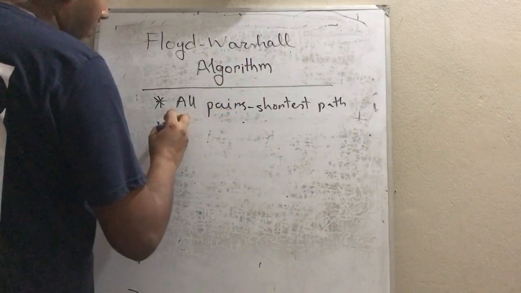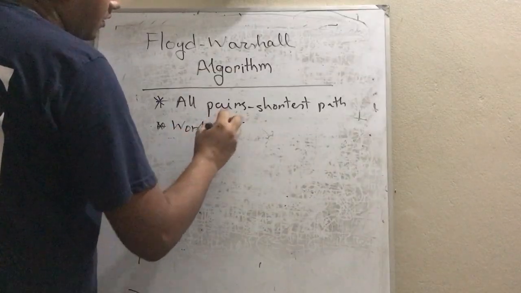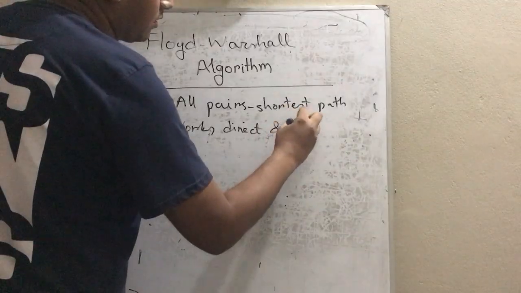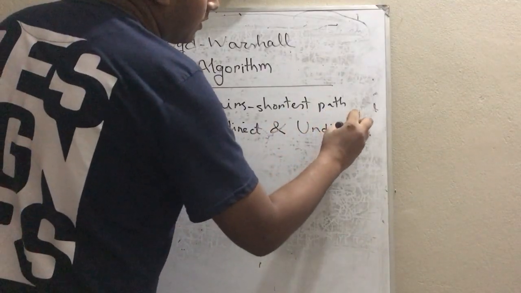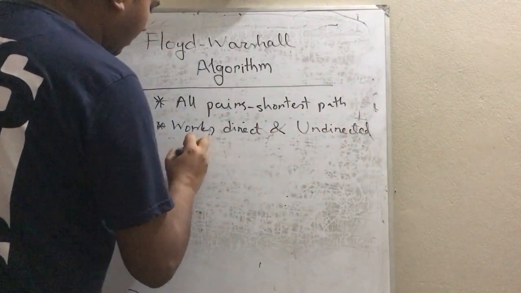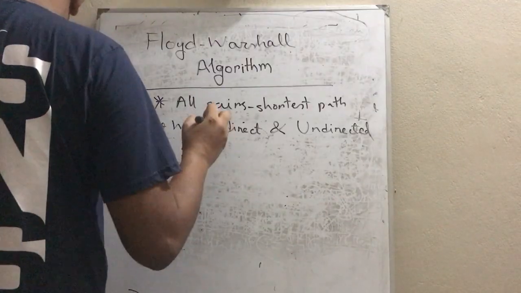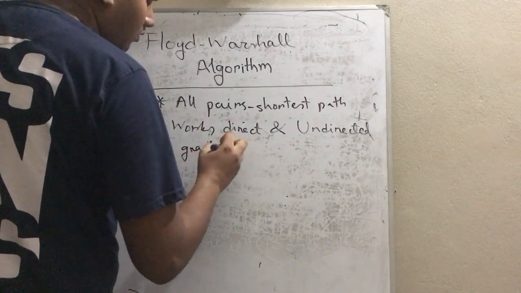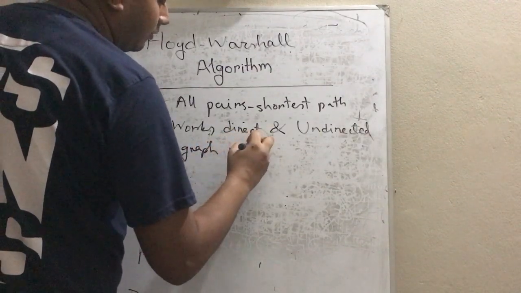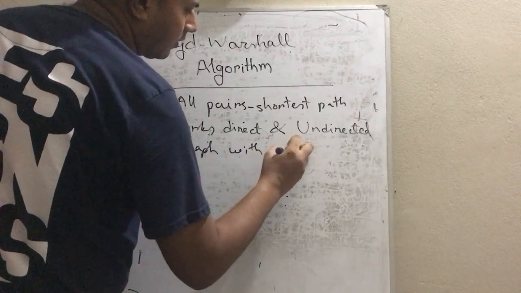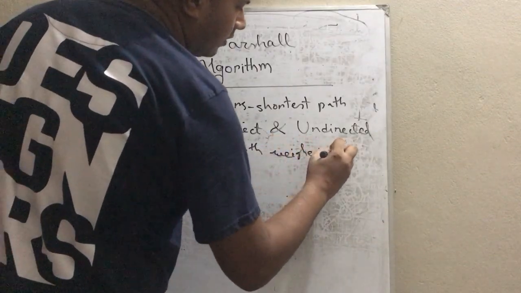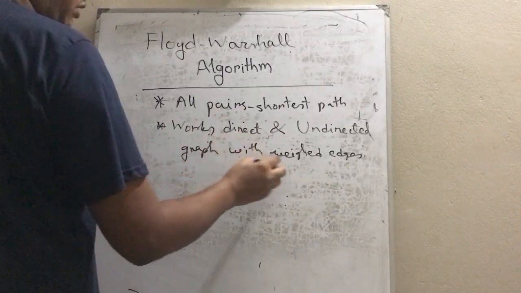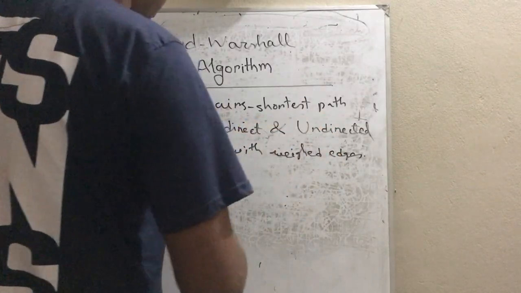Floyd-Warshall algorithm works on both directed graph and undirected graph with weighted edges. So it works on both directed weighted graph and undirected weighted graph.